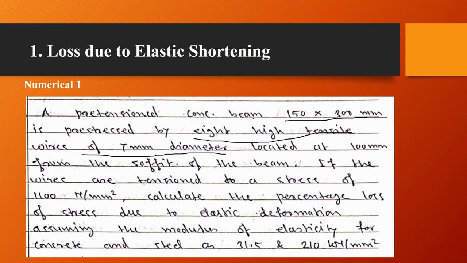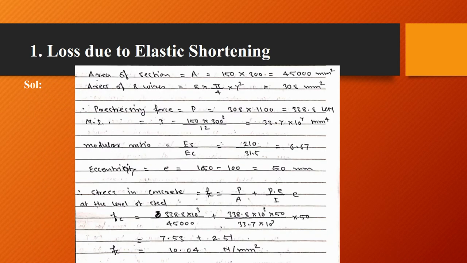So here is the cross-sectional area of the section. A is equal to 150 by 300, which is 45,000 mm square. Then, as I told you, 8 wires of 7 mm diameter have been provided, so we have to calculate the total cross-sectional area of all wires.